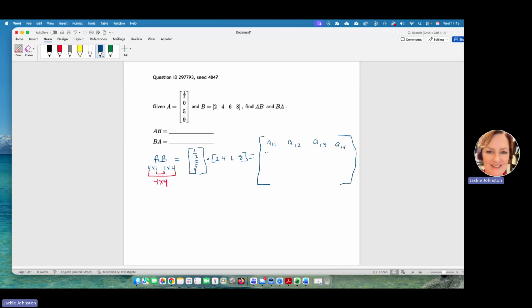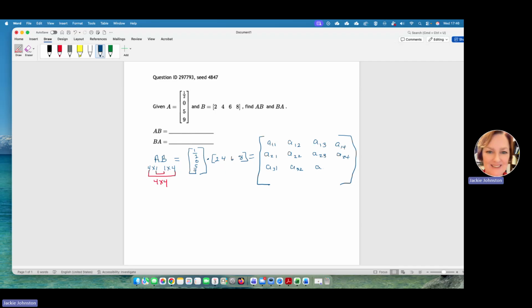And then this will be second row, first column, and second row, second column, and so on. So we're going to fill these in, and then we'll talk about why. Third row, first column, third row, second column. And again, these are just positions of this matrix we're going to get out of it.